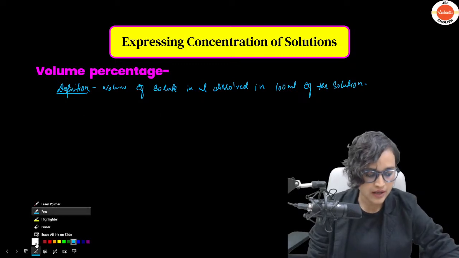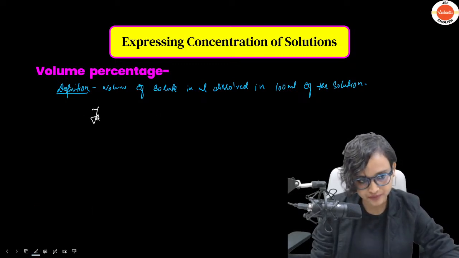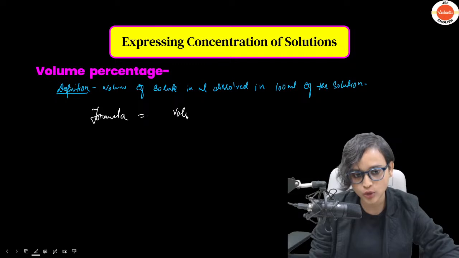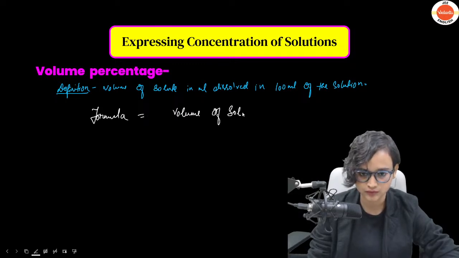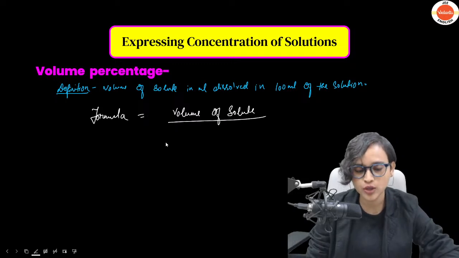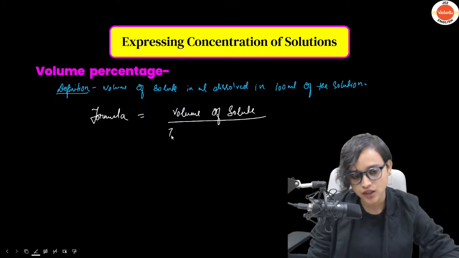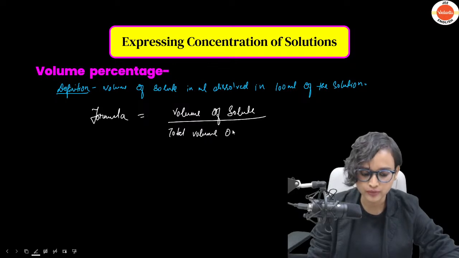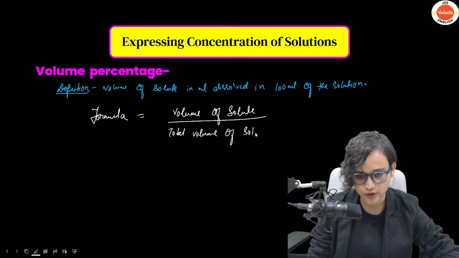Now we come to the formula. The formula here is obviously volume of solute divided by total volume of solution.